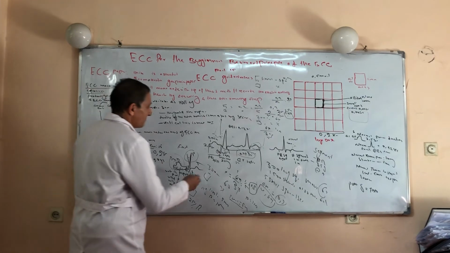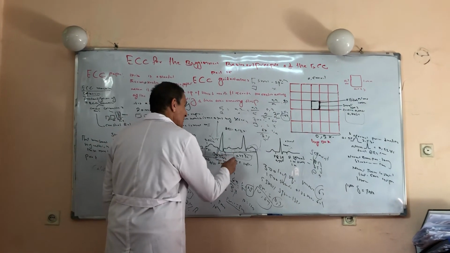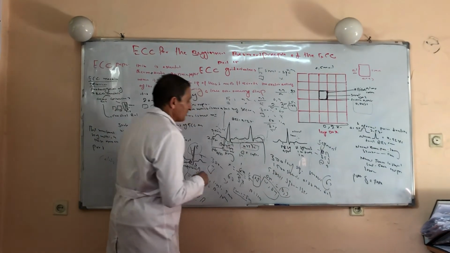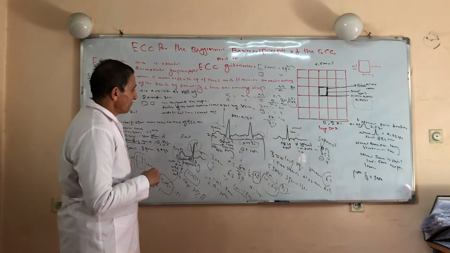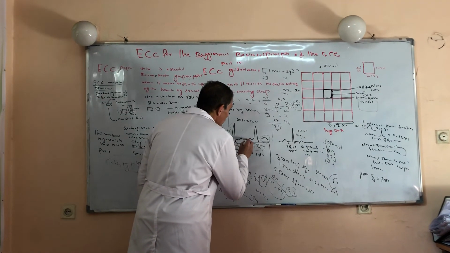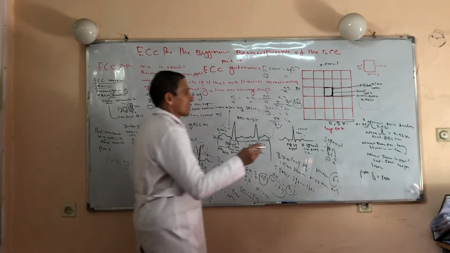Another, the TP interval, no, the TP segment. How should I define the TP segment? The TP segment is a segment which starts from the end of the T wave to the onset of the P wave of the next cardiac cycle.